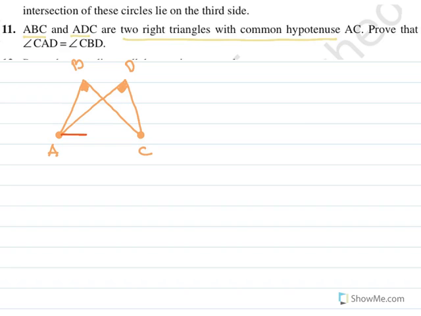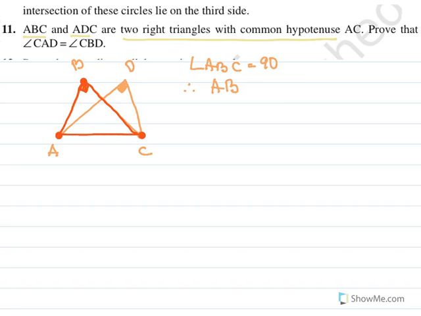So in the first step we'll say here we have AC, and then this angle is 90, which means A, B, C lie in the same circle. So we'll write here angle ABC is 90.